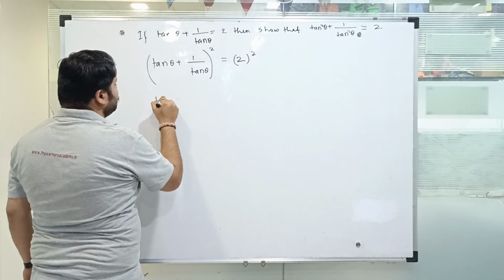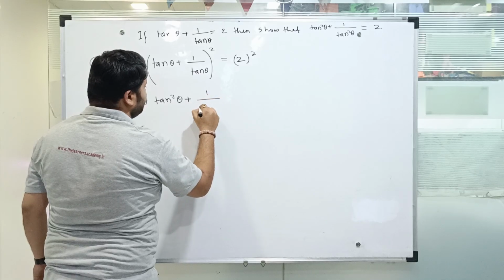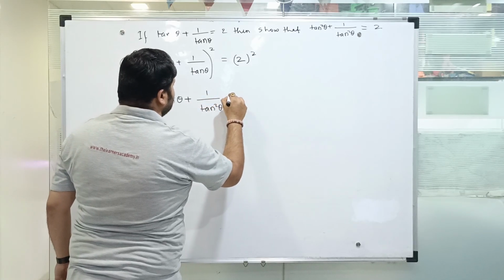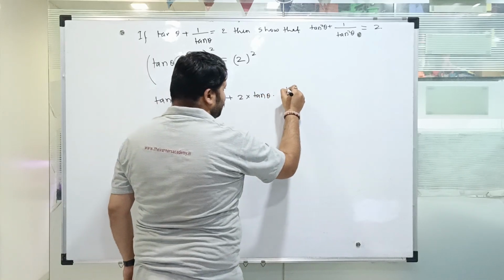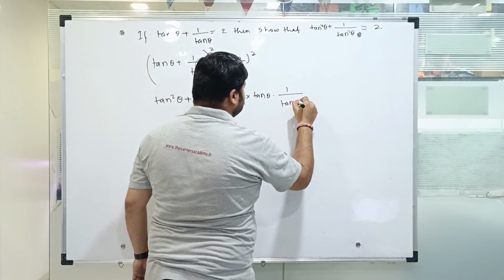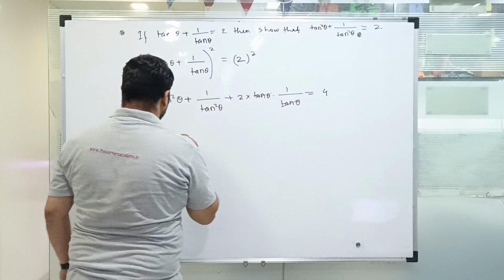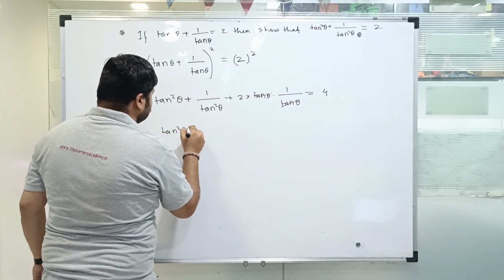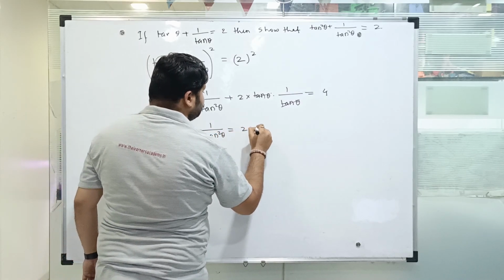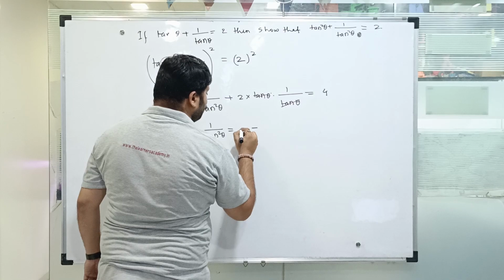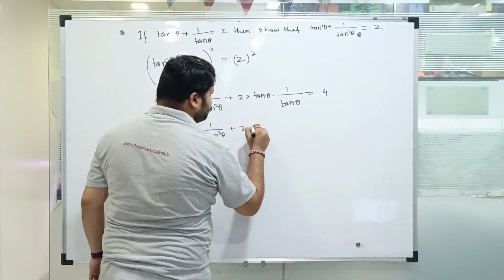So this would be tan square theta plus 1 upon tan square theta plus 2 times tan theta times 1 upon tan theta is equal to 4. Now this gets cancelled and we are left with tan square theta plus 1 upon tan square theta plus 2 is equal to 4.